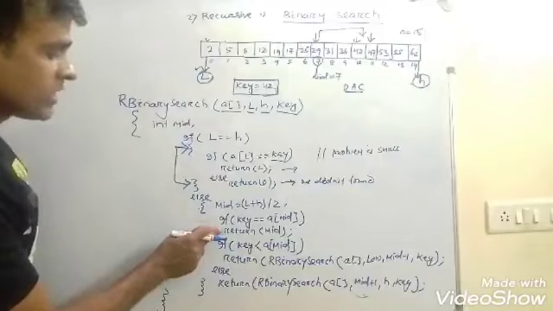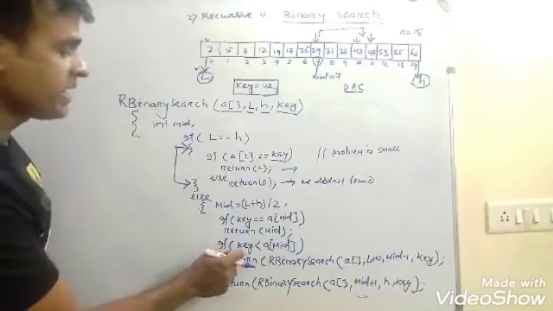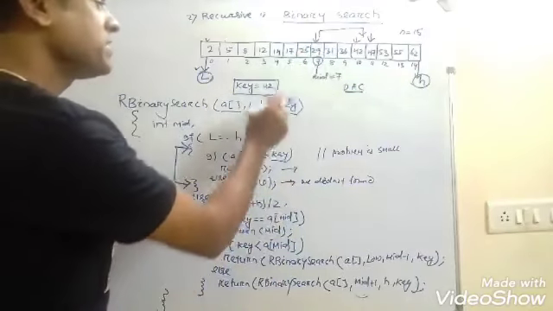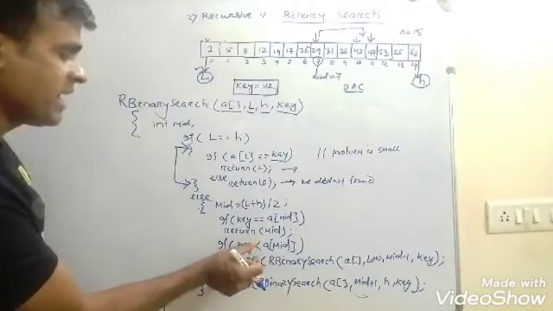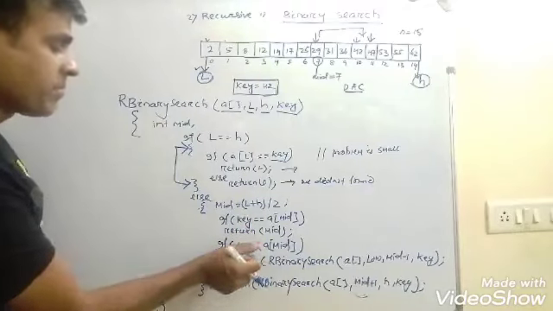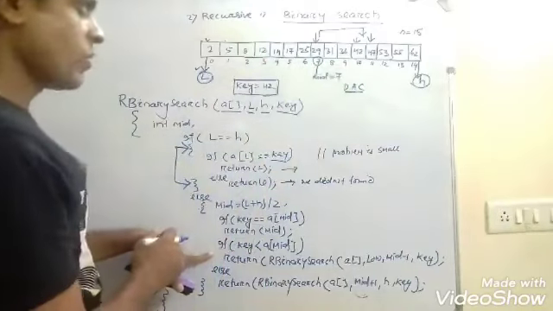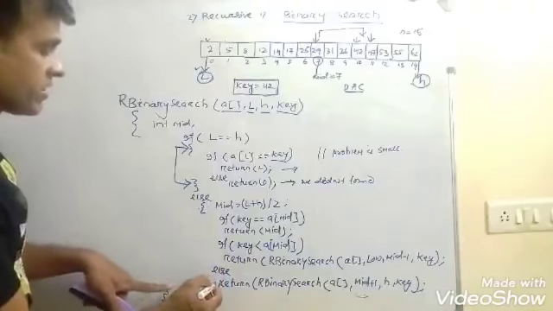Then we will not stop there. If it is not equal, we will check for less than. My key is 42 and a of mid is 29, so my key is not less than a of mid. So definitely if it is not less than, my key will be in the greater part, the right side. So recursively we have to call the recursive binary search.